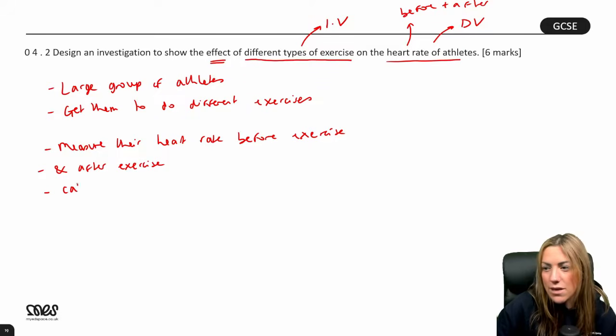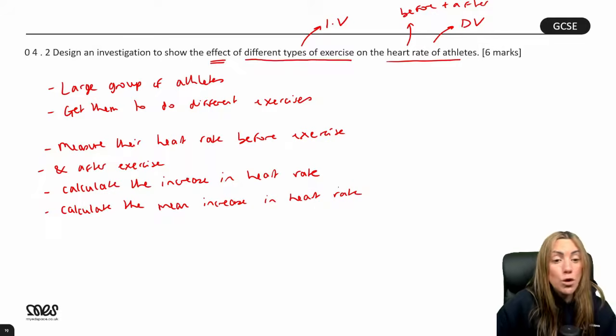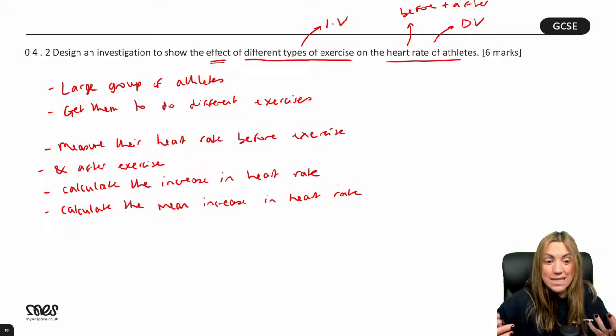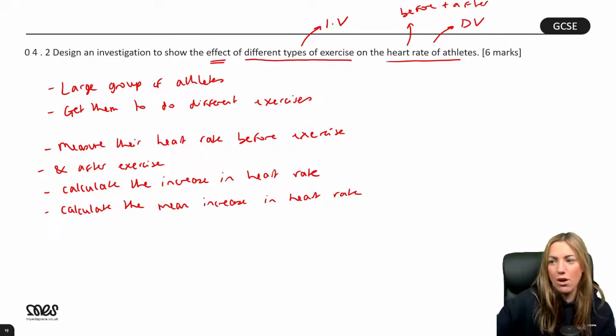Okay, then you can calculate the increase in heart rate. And you could also calculate the mean increase in heart rate for your group of athletes. Say you've got 30 athletes, you could record each individual's increase in heart rate and then work out the mean increase in heart rate.